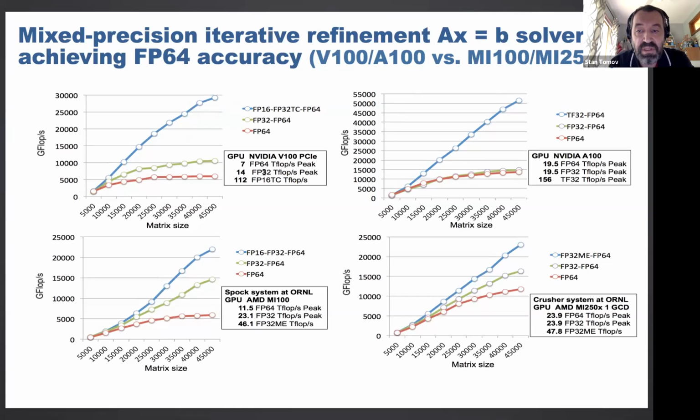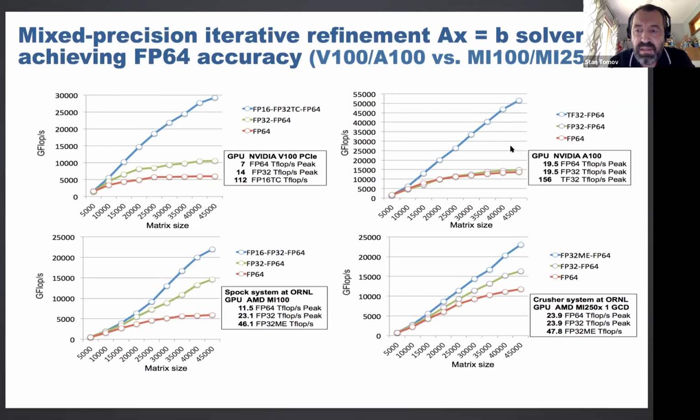So in all these cases, you can see that we can achieve, under certain conditions, FP64 accuracy, but much faster when we use these hardware accelerated features and formats that these architectures provide. So that's amazing performance. For example, for the A100, we get 55,000 gigaflops per second solving in FP64 accuracy. That's an amazing speed achieved just by a single GPU.